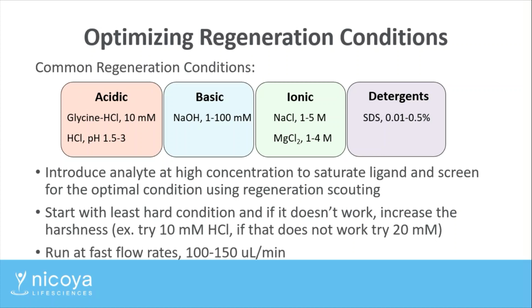This regeneration condition is also recommended to be run at a faster flow rate to minimize the exposure time and any potential damage that may happen to the ligand. Now, as mentioned earlier for the non-specific binding conditions, the literature is a great resource for selecting your regeneration step. If a similar system to yours has been studied with SPR, because this is completely dependent on your binding partners and not the SPR instrument, those conditions should also work to regenerate this binding system.